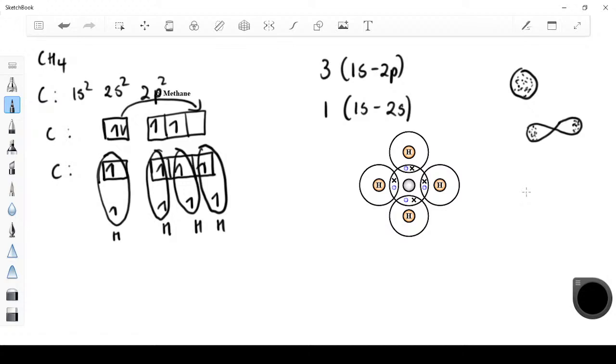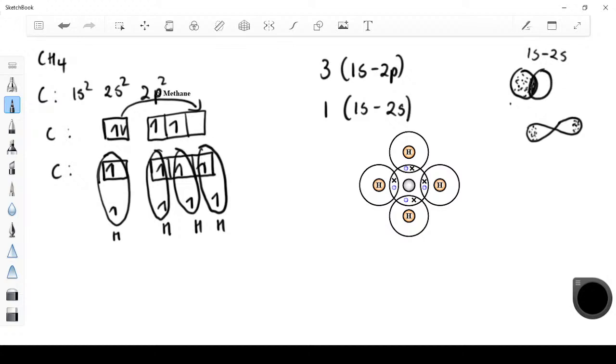Now, the bond between 1s and p is stronger compared to the 1s and 2s. This is because in case of the 1s and 2s bonding, it would look something like this. So this is 1s and 2s.